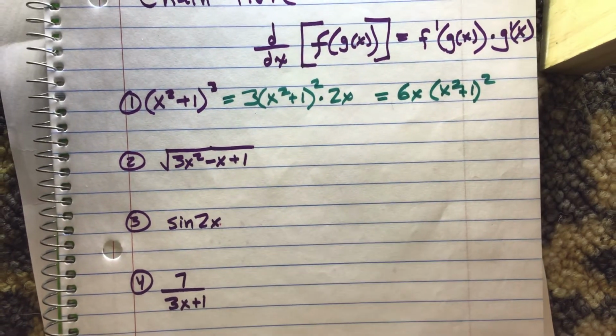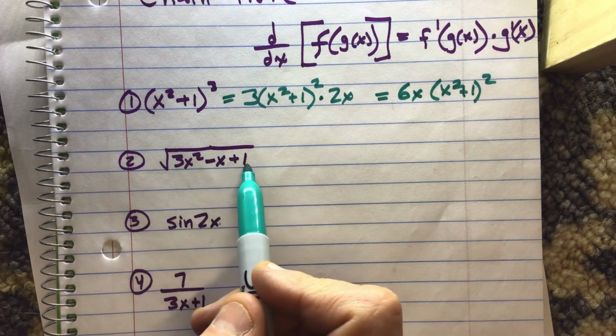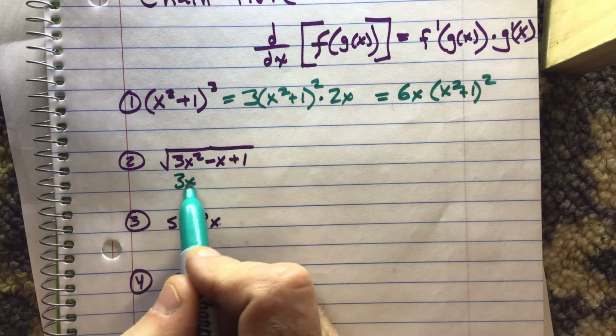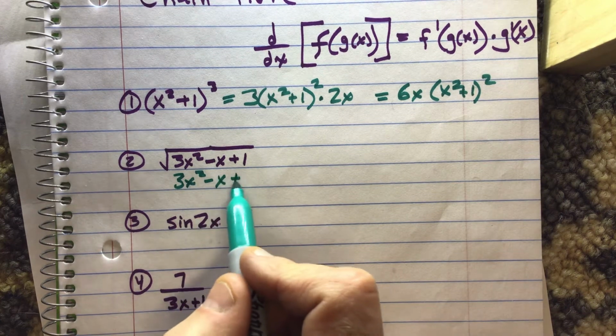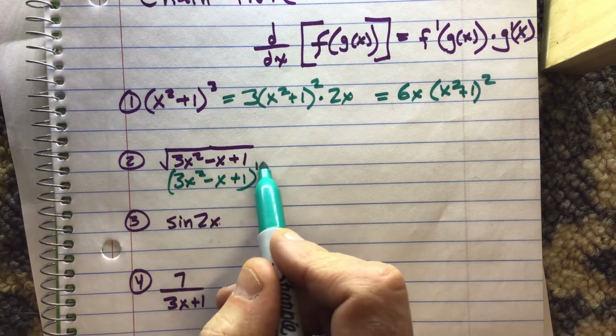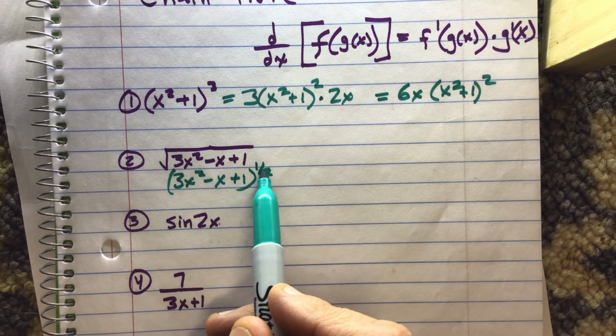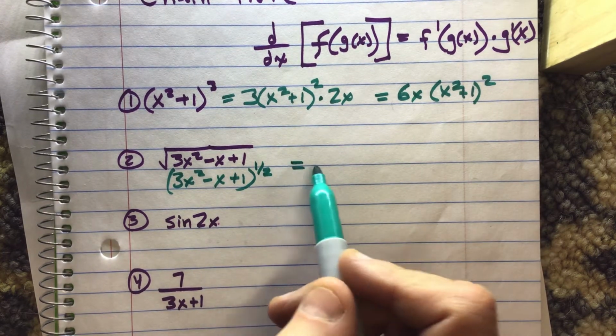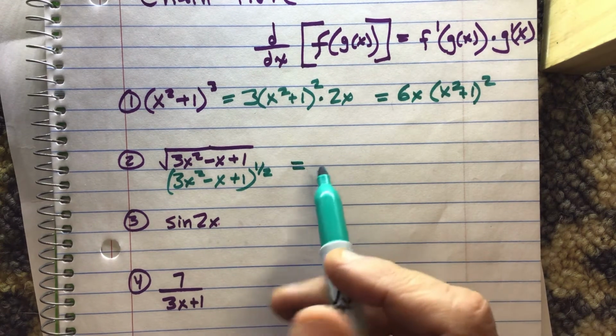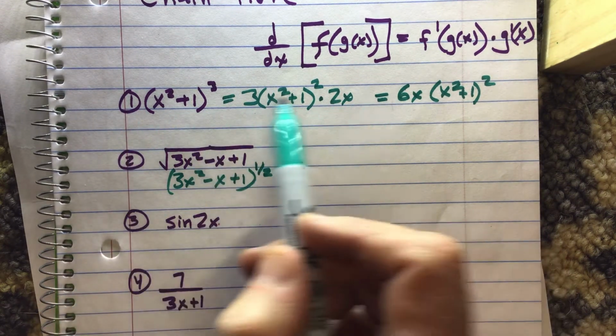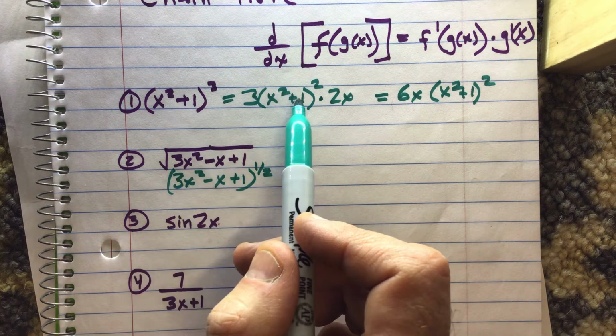Okay, so I have 5 more examples to show you. This can be rewritten as 3x squared minus x plus 1 to the 1/2. So now you have a function within a function, as being something raised to a power. I should make note that this is the derivative here. I'm not saying equals. This does not equal this.